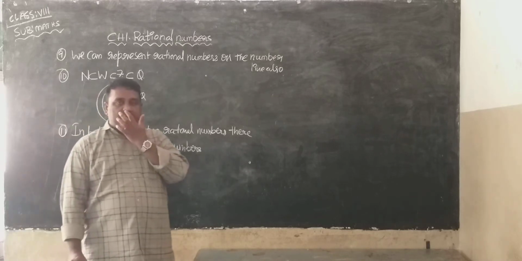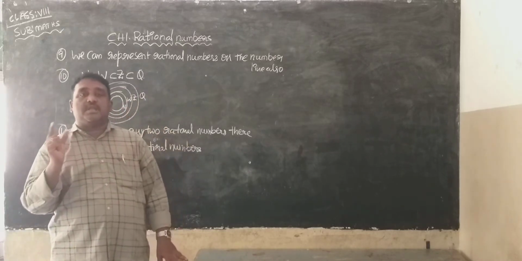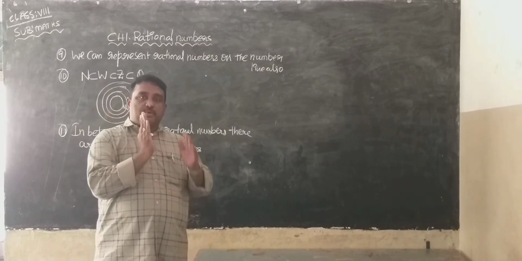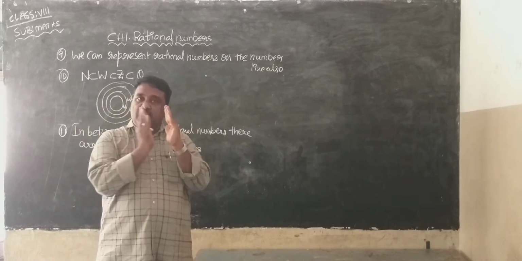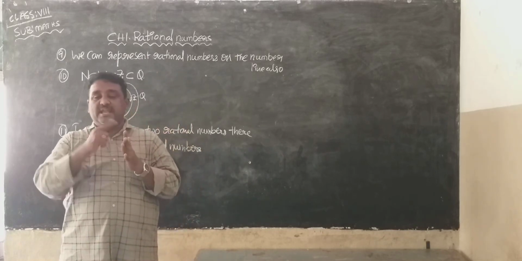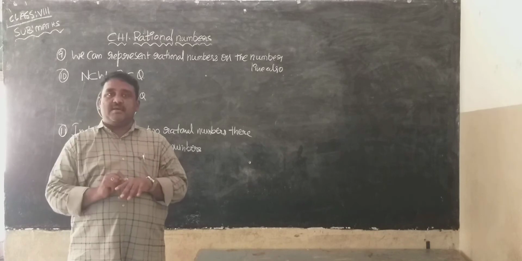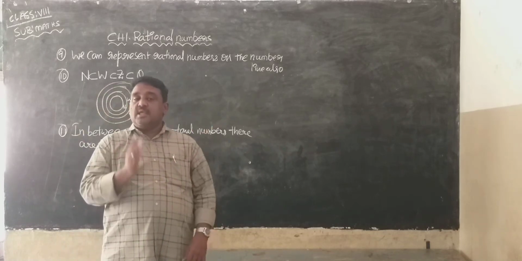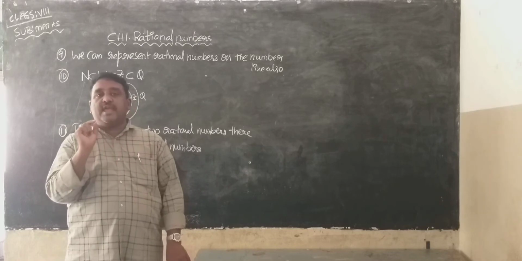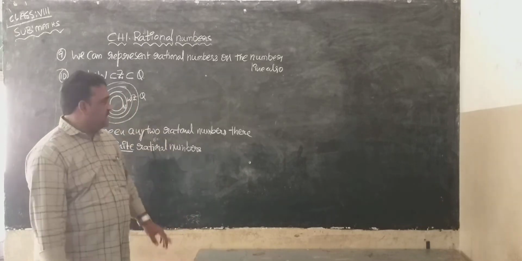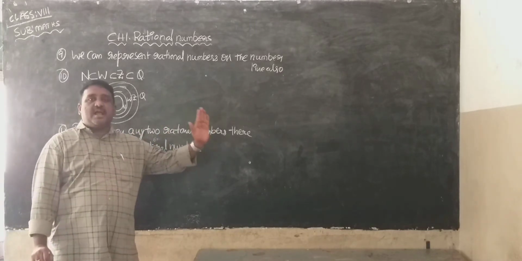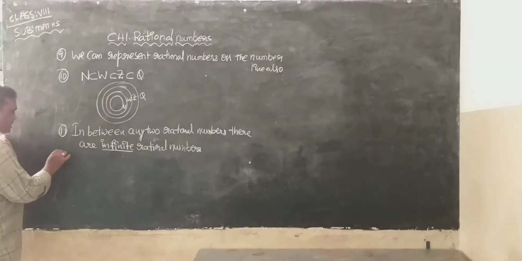What is the meaning of infinite? Uncountable. Uncountably many are there. Suppose 2 and 3. 2 is a natural number, 2 is a whole number, 2 is an integer, and 2 is a rational number. In between 2 and 3, there are infinite rational numbers. In between any two rational numbers, there are infinite rational numbers.